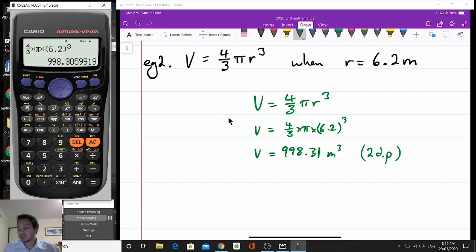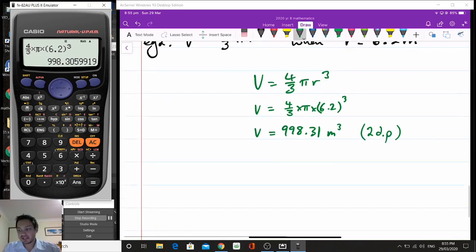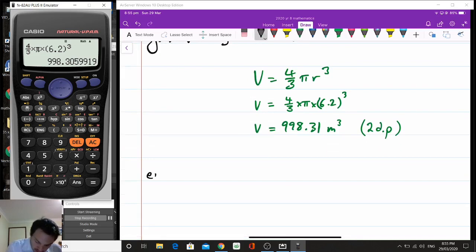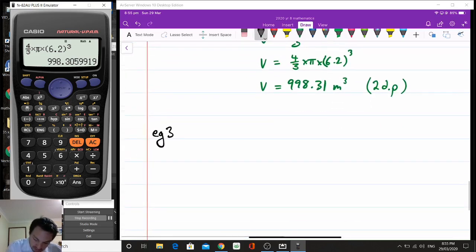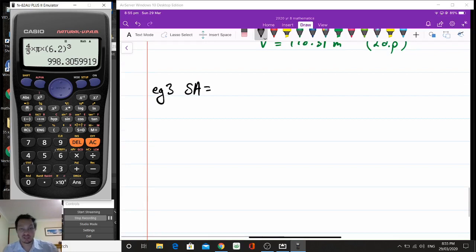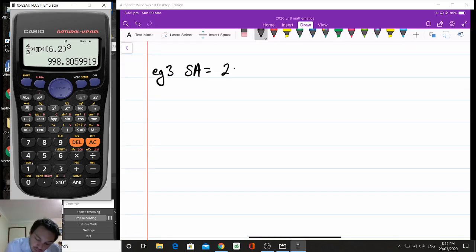Okay, I'm going to leave you with one more substitution, and that's going to be EG3, the surface area of a cylinder, and that's found by using the formula 2 pi r squared for the 2 circles, the top and the bottom circle of a cylinder, plus 2 pi r h.